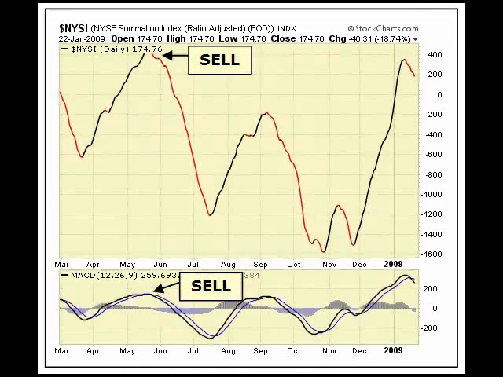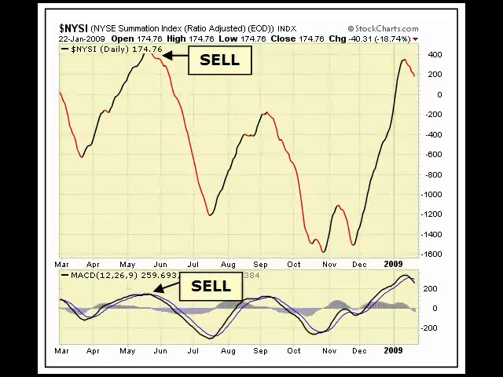In mid-May, the summation index MACD confirmed the downtrend when the MACD line crossed below the 9-day EMA trigger line, indicating a price downturn. The S&P 500 index sold off 15% after this sell signal. Again, if you look at the bottom of the chart, you can see the black MACD line crossing below the 9-day EMA line, which is the purple line, triggering a sell signal.